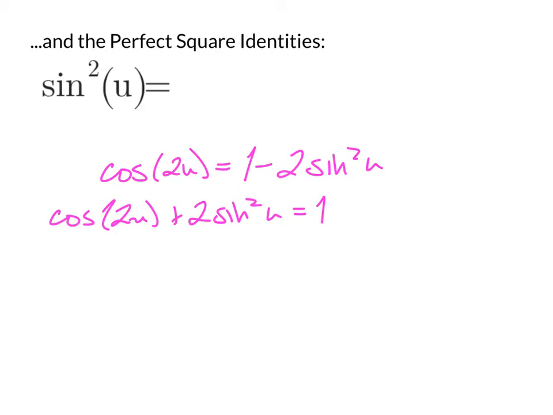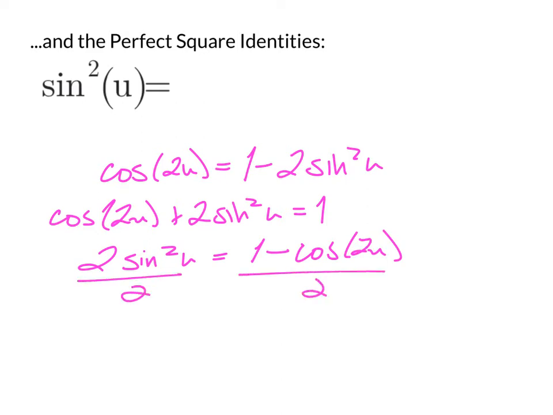Then we've got to work on getting that sine squared alone. So the first thing I'm going to do is, of course, to subtract the cosine of 2u and then just divide both sides by 2. Which means our perfect square identity for sine is 1 minus the cosine of 2u divided by 2.